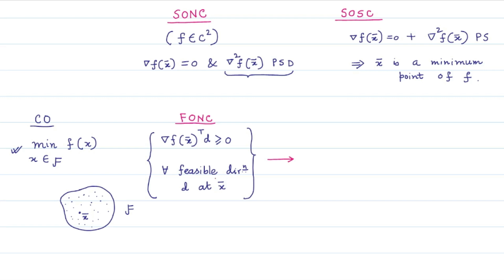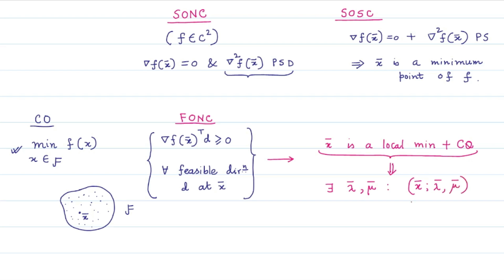that in addition to the point x bar being a minimum point, if a certain constraint qualification is satisfied, that is, if x bar is a local minimum and a constraint qualification is true, then these two conditions together imply that there exist Lagrange multipliers lambda bar and mu bar such that the point x bar together with these Lagrange multipliers will satisfy the KKT optimality conditions.